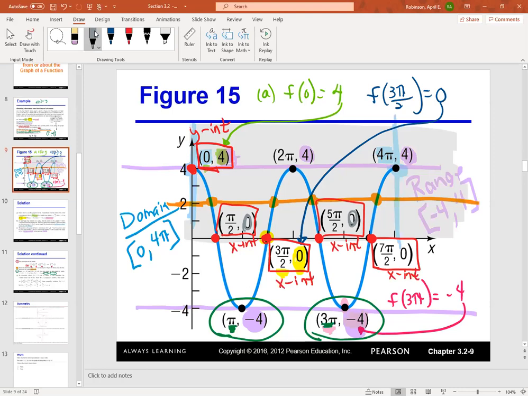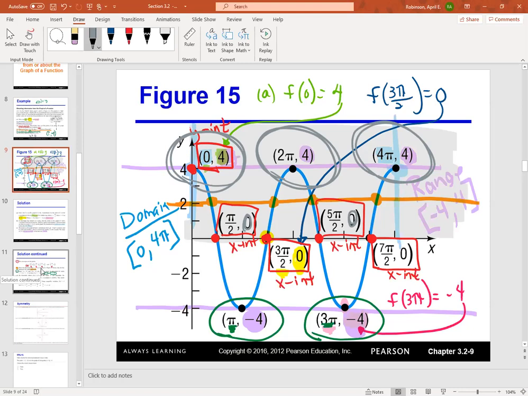It only said greater than 0, not equal to 0. So the ones that are greater than 0 would be this point and this point, and this point. Did they want them as ordered pairs? 0, 4, 2 pi 4, 4 pi 4.